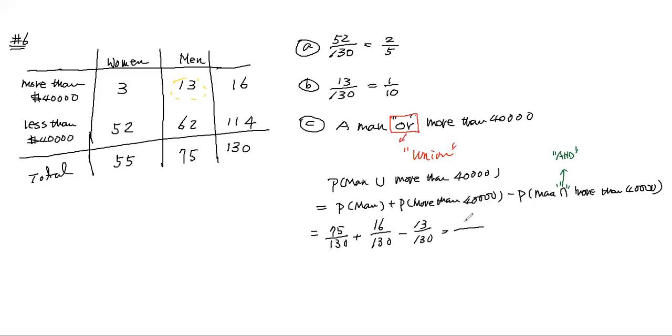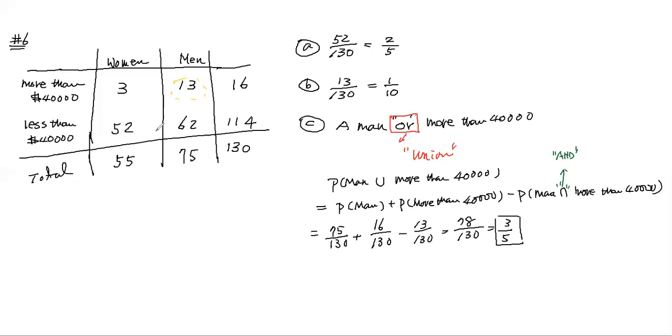So you will get 78 over 130. If you simplify that, it's 3/5. So that means you have about a 60% chance you will get a man if you randomly pick one.